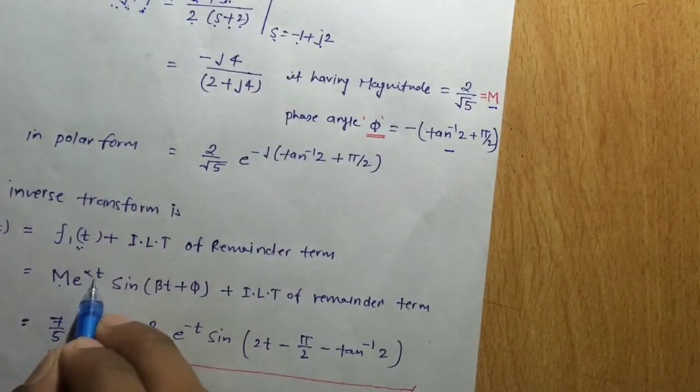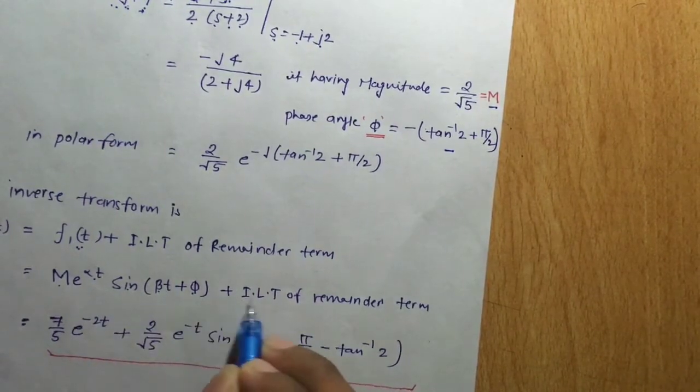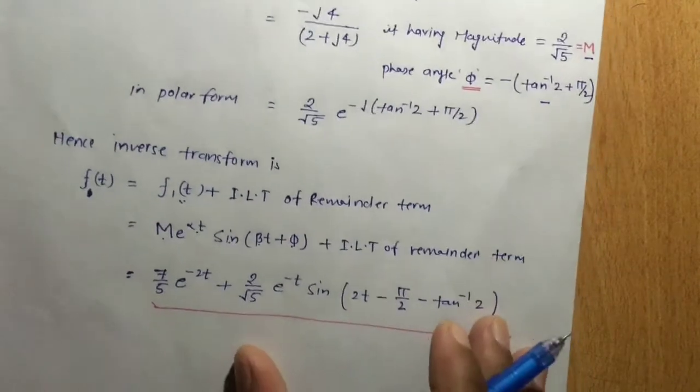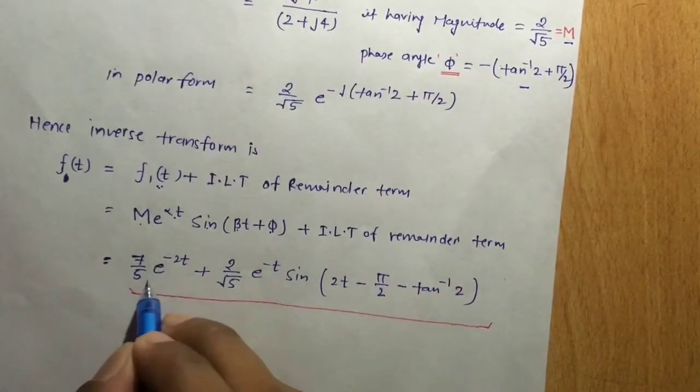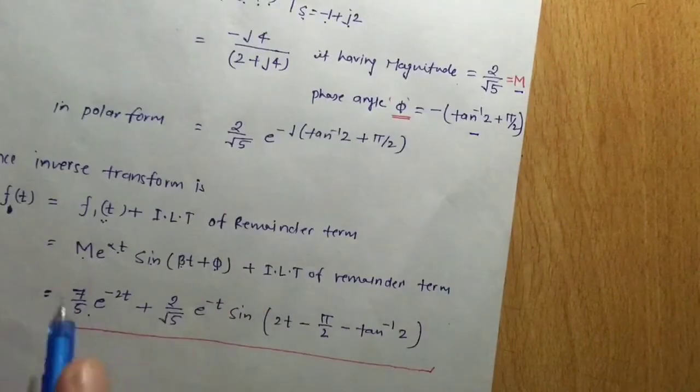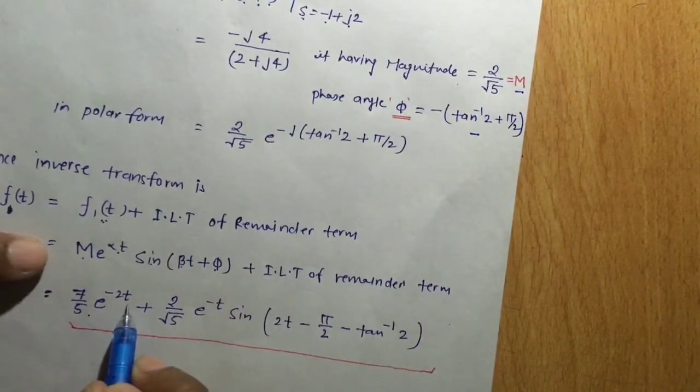The inverse Laplace transform of the remainder term, 7 by 5 by (s plus 2), is 7 by 5 e to the power minus 2t.